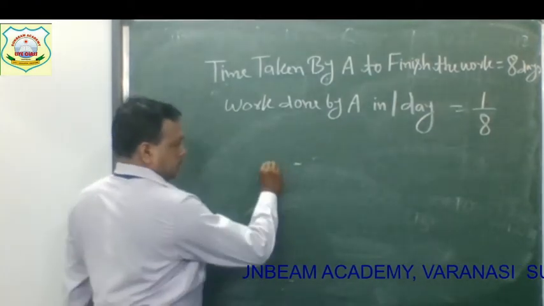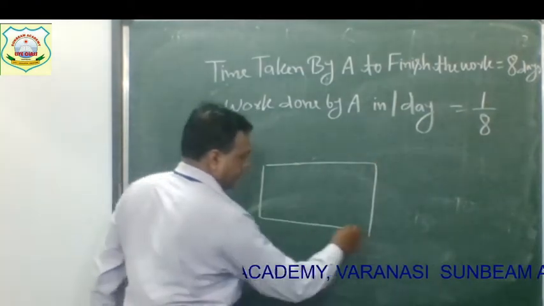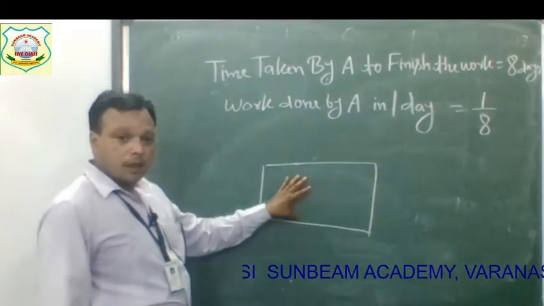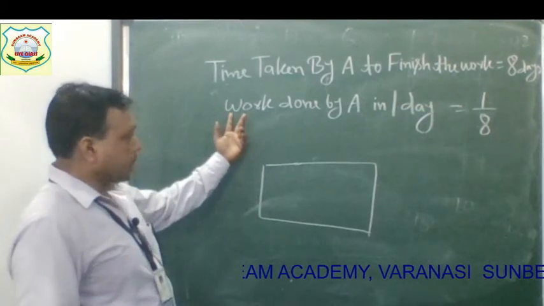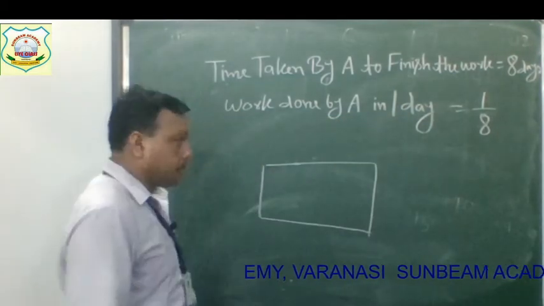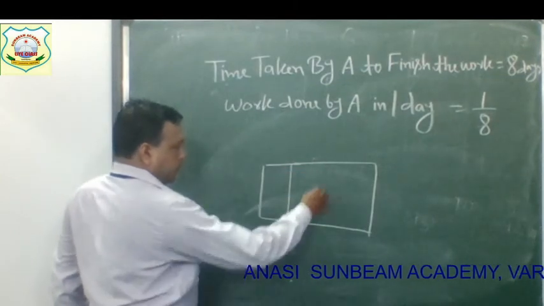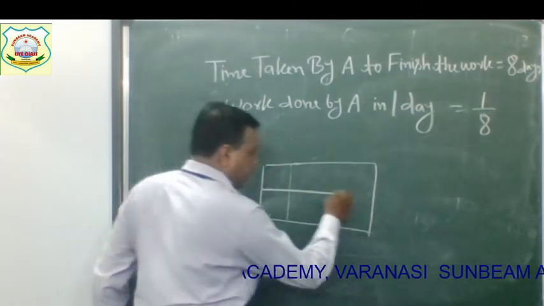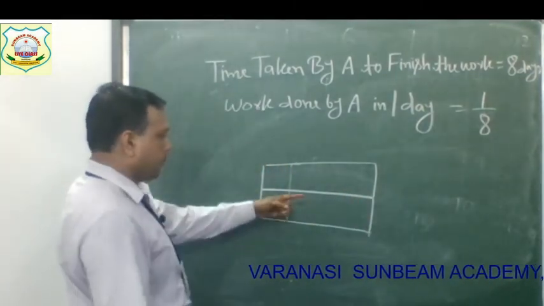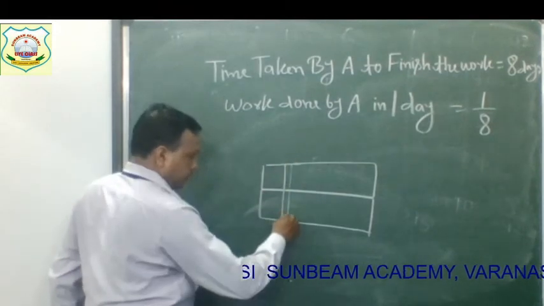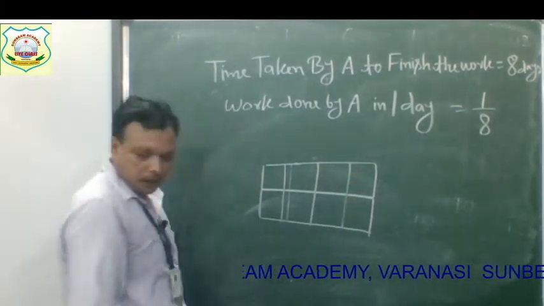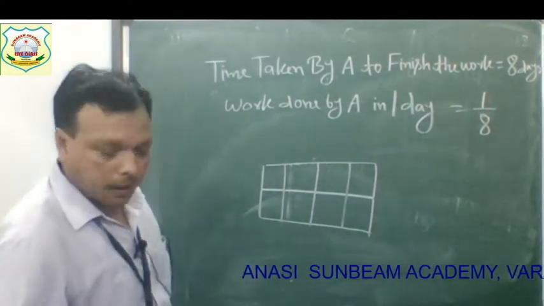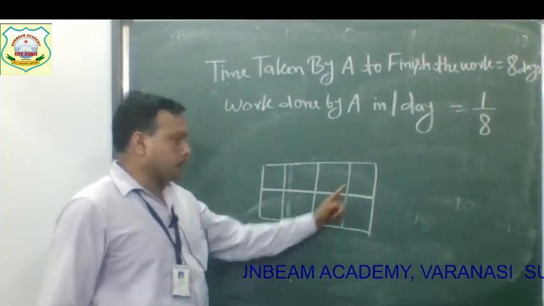Means suppose this field is given, and in 8 days he has completed this work. If you are asking what he has completed in 1 day, then for 8 days we divide the field into 8 parts: 1, 2, 3, 4, 5, 6, 7, 8.